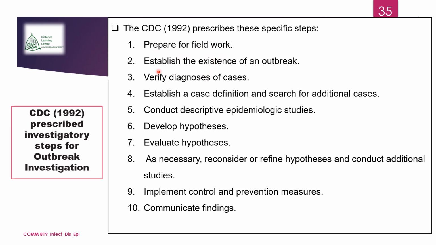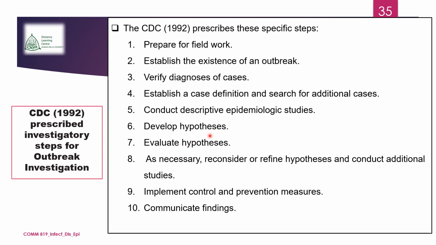Establish the existence of an outbreak. You need to confirm, just like in Evans, that an outbreak actually occurs. You verify the diagnosis of cases. You need to establish a case definition. Search for additional cases. And you need to conduct descriptive epidemiologic studies. You need to tell us about the disease in time, place, and person, and tell us the clinical symptoms, signs, and details.